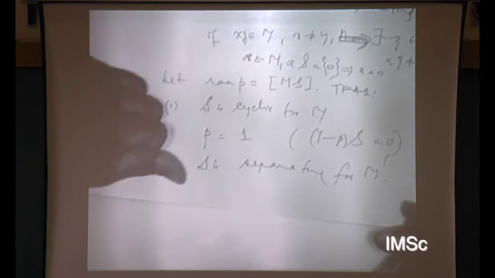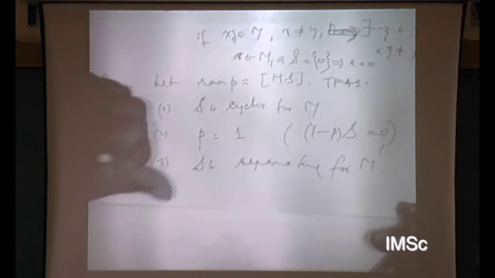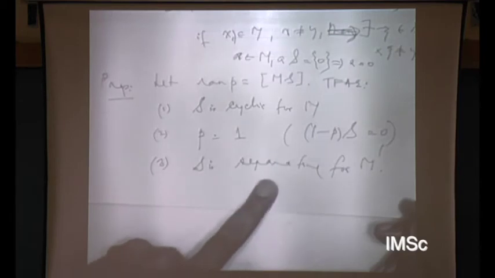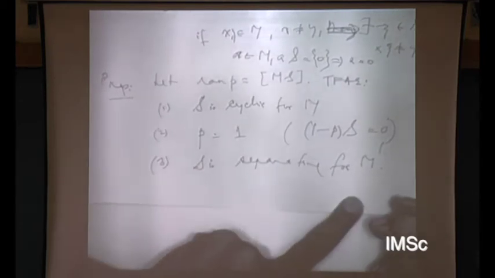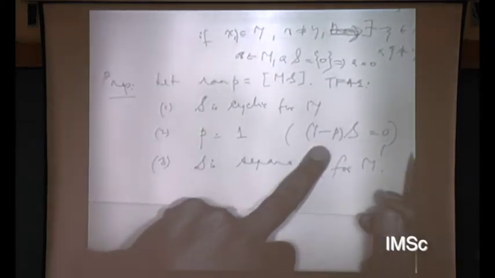So 1 minus P kills all of this, but 1 minus P is in M prime. So to say S is separating for M prime will imply that P must be equal to 1.